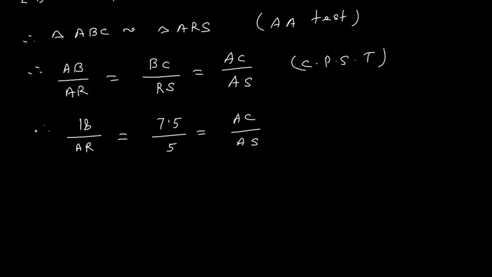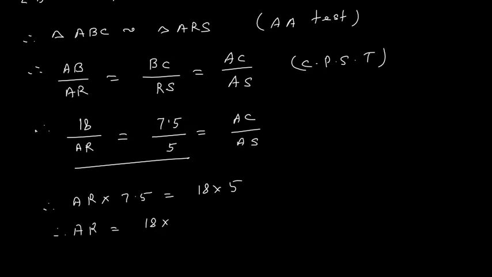Now I will first use these two ratios to find the value of AR. So AR into 7.5 is equal to 18 into 5. Therefore the value of AR is 18 into 5 divided by 7.5.